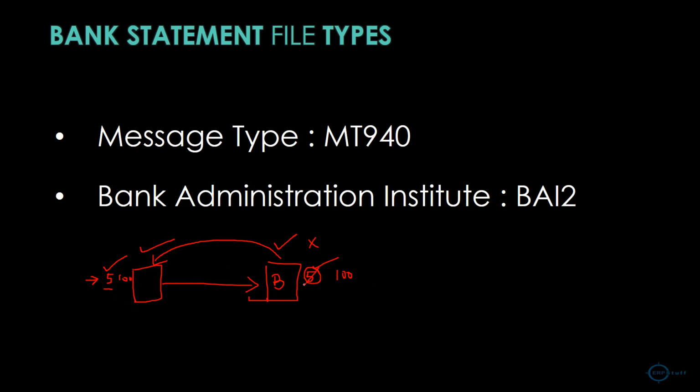But what if this is not there, and this reference is not there in our statement? Here and there are, let us say, multiple amounts, I am just assuming. Now the system can't match these transactions, because this system will not know which transaction this 100 belongs to. So, we need a reference.